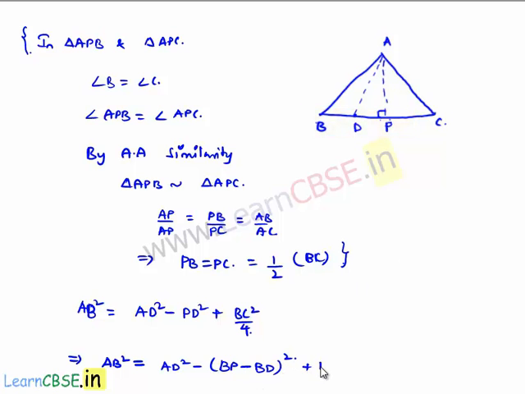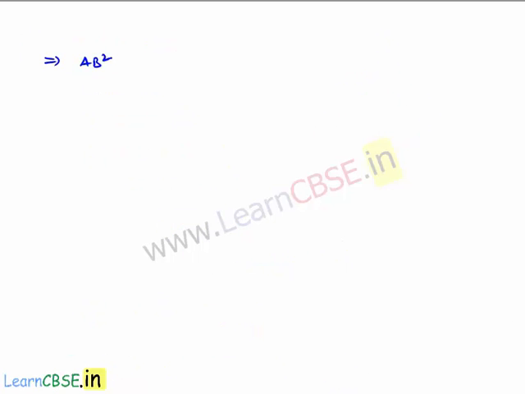Here we are also left with BC square by 4.